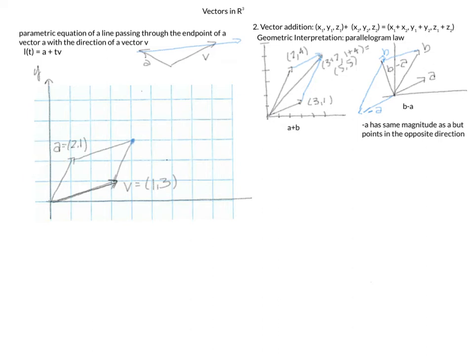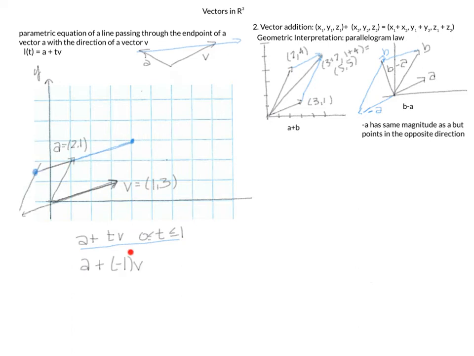We've kind of gotten used to adding vectors, so I'm not going to do all the moving vectors around. But if I add A plus V, I get this point here, which is nice because it's on the line that we're looking for. And if you recall from our last example, if we have A plus TV, where T goes between 0 and 1, we get this entire line here.